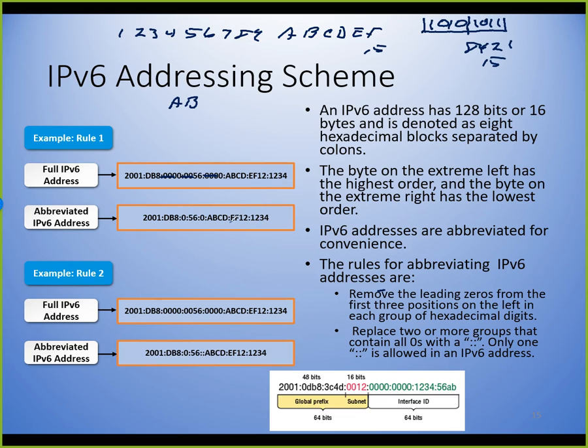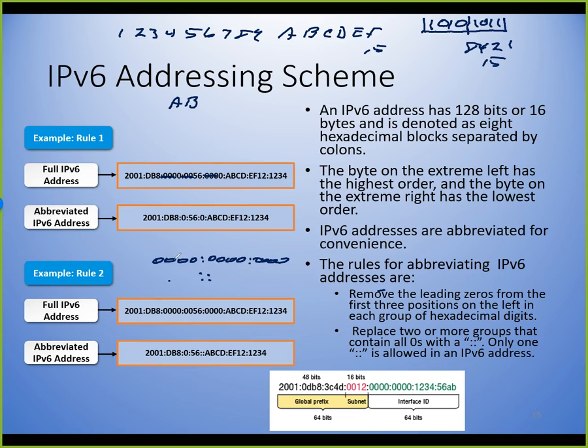A lot quicker. The other thing that you can do is if we have a string of zeros, and I'm going to put more than one number in here, it's not an octet, it's 16 bits. If we have a string of zeros, we can represent those with a double colon one time.